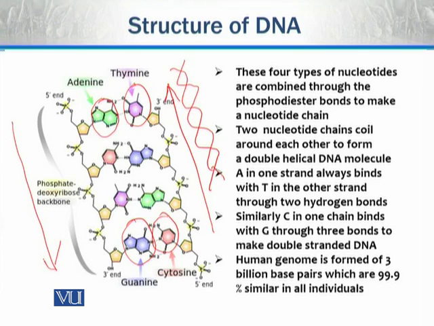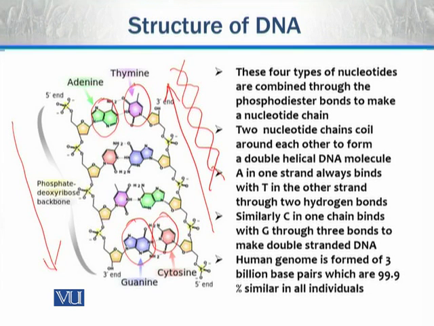Human genome is formed of about 3 billion base pairs, and among these 3 billion base pairs, 99.9% are similar in all individuals, in all human beings. So 99.9% of these 3 billion base pairs found in human beings are the same, while there is a difference of only 0.1%.